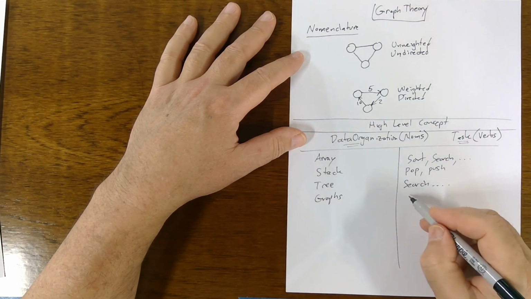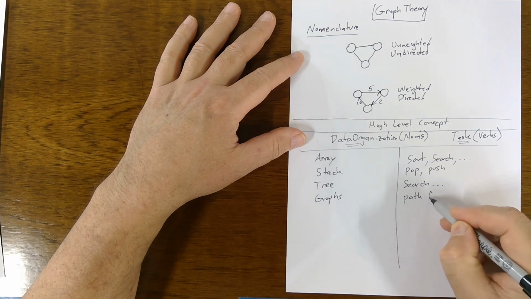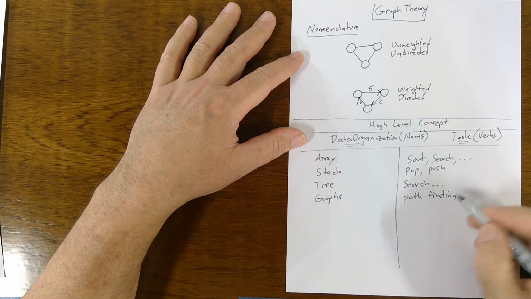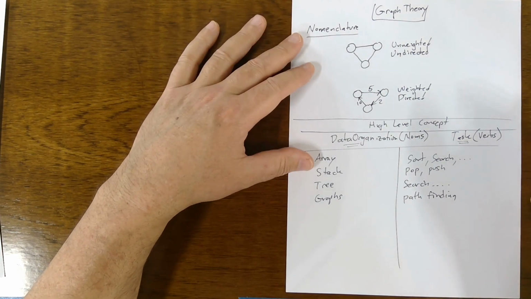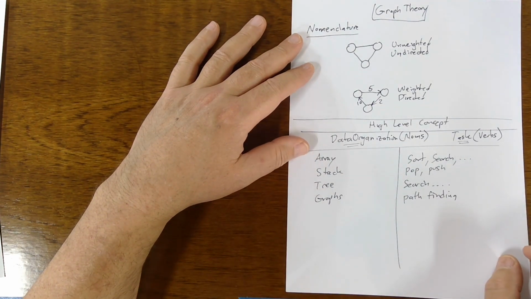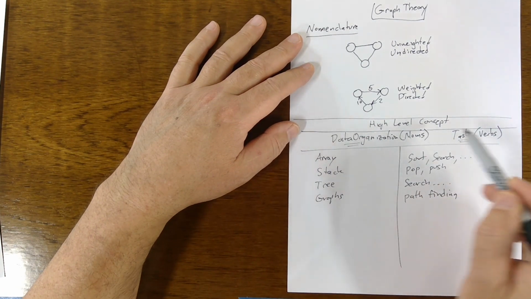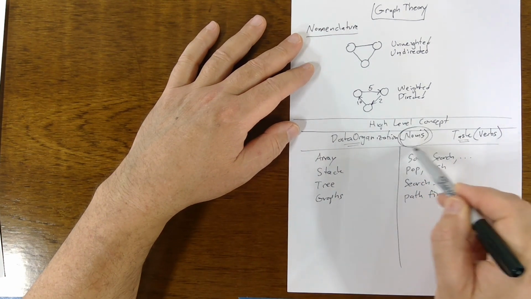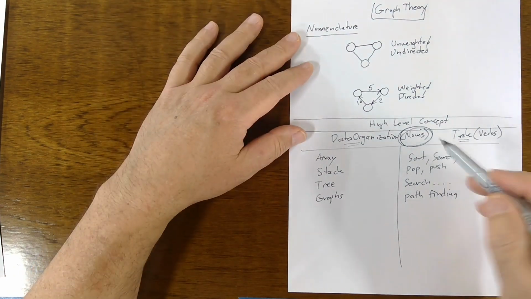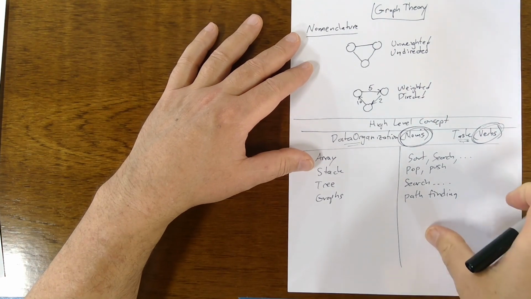Well, with graphs, mostly we're interested in various kinds of pathfinding tasks, more or less. Okay? So I just thought it'd be good to re-emphasize this idea of data organization, or nouns, if you like, and the tasks that you perform on those things.